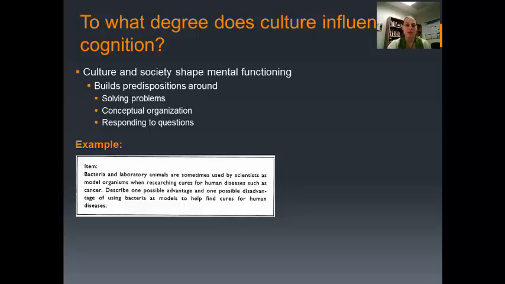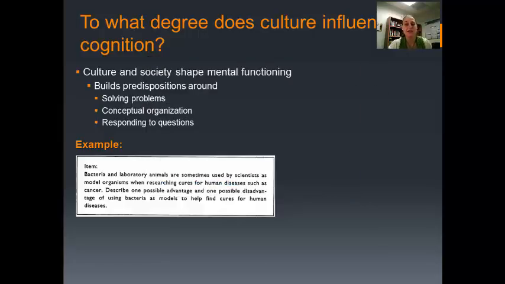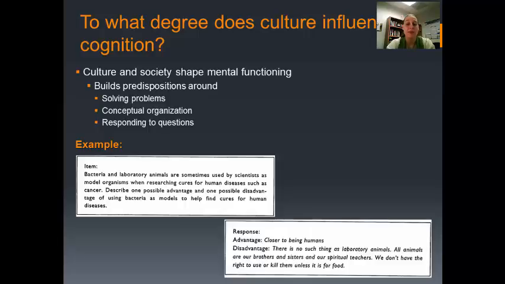Okay, so think about the different experiences that we have, and the ways in which our experiences would shape how we think about this question and the answer we would give.